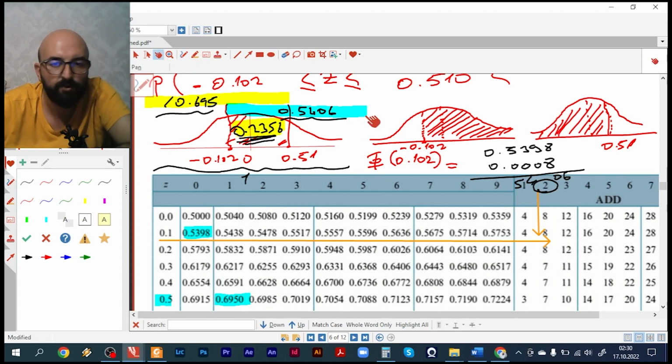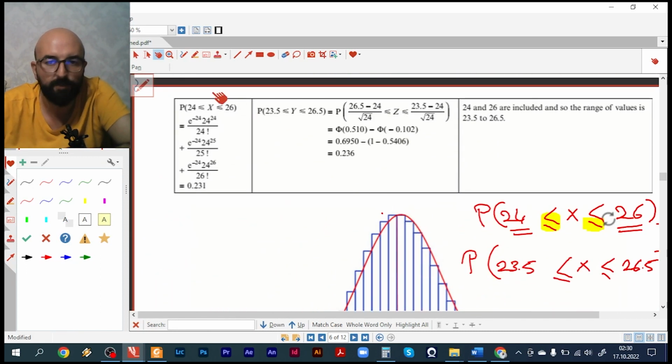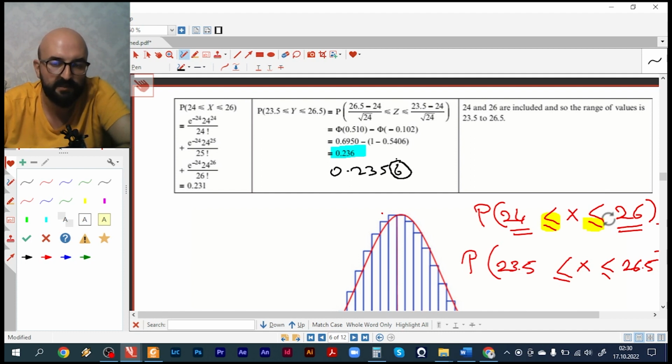Okay, I want to look at the solution table. 0.2356, rounded on the last digit, becomes 0.2356, rounded to 0.236. Okay.